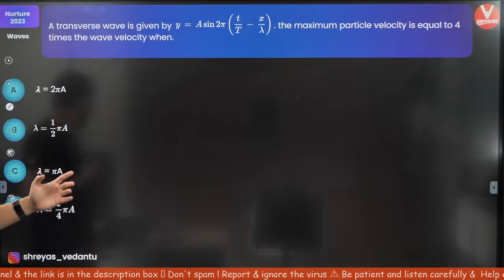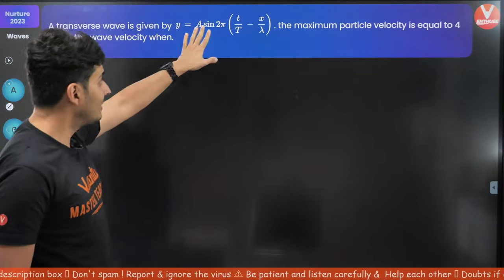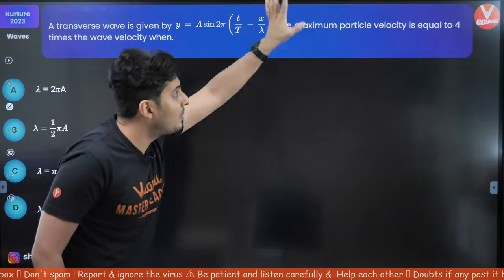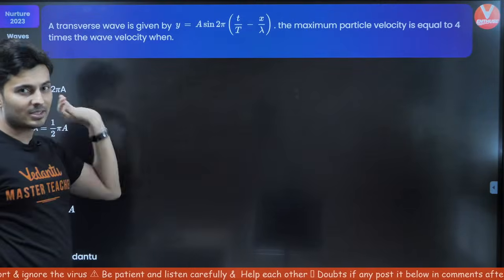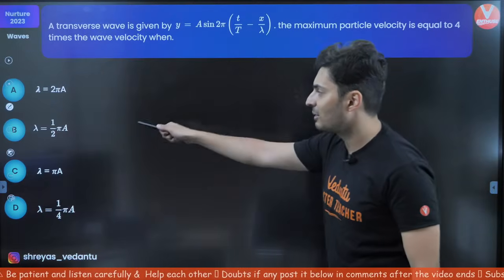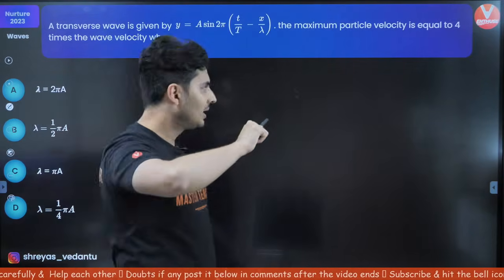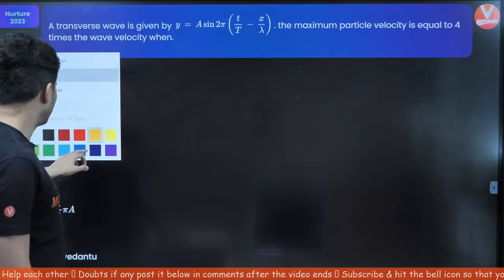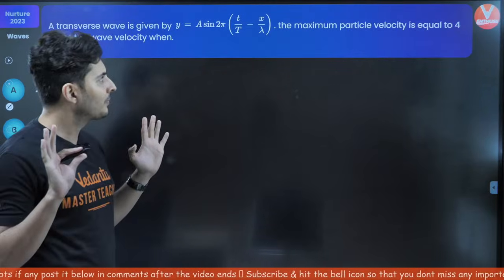Let's move to some questions, my warriors. Here it is. We have a wave given by this. The max particle speed is equal to 4 times the wave speed. Very interesting question. What's the exact relationship between the wavelength and the amplitude? Thank you, Arpit. So let's try to do this. I just mentioned to you all particles perform SHM.